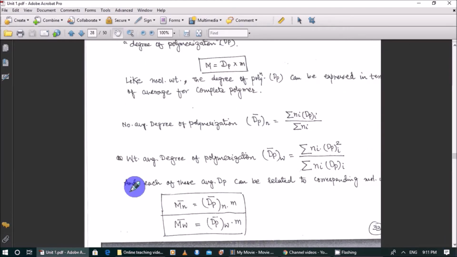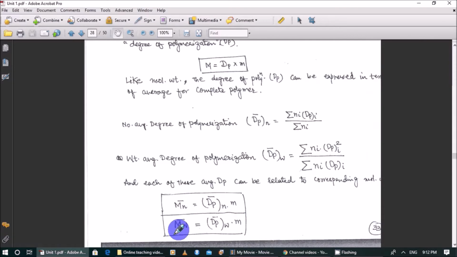Okay, and each of these average degrees of polymerization can be related to the corresponding molecular weight: number average molecular weight is equal to number average degree of polymerization multiplied by the molecular weight of the repeating unit.